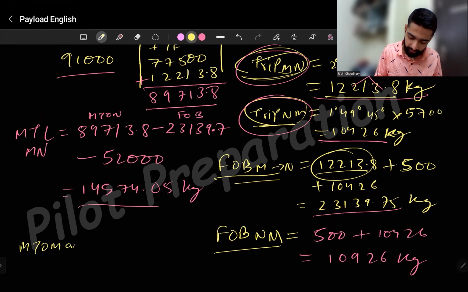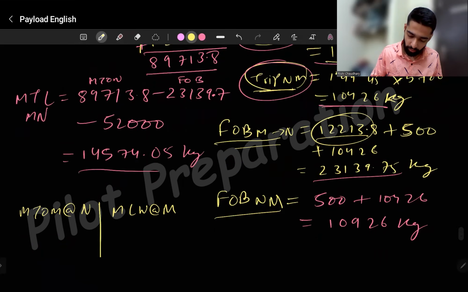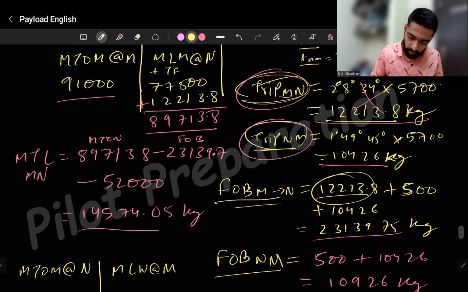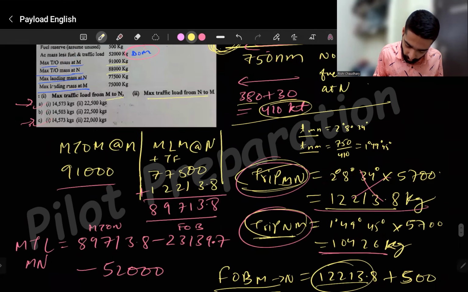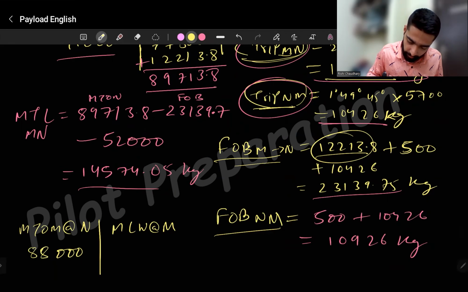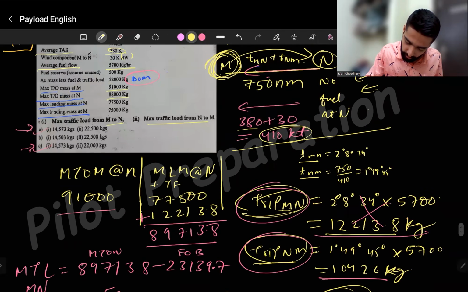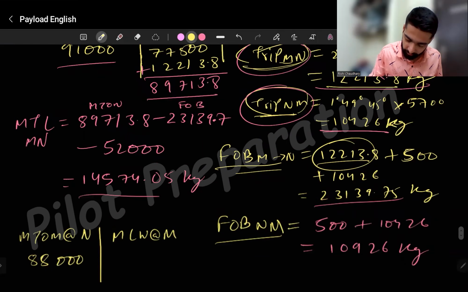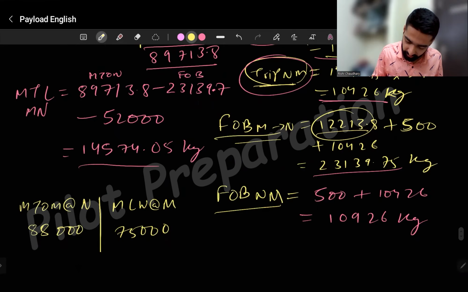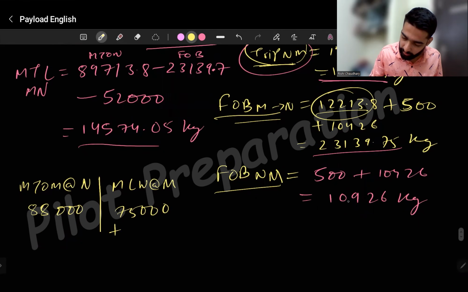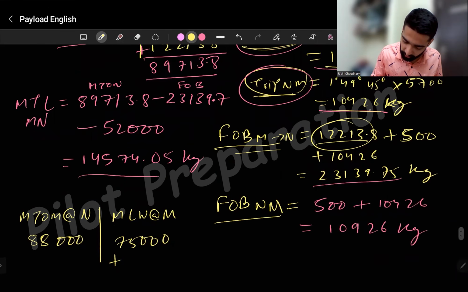MTOM at N is 88,000, and MLM at M is equal to 75,000. Now this plus trip fuel, which is 10426.